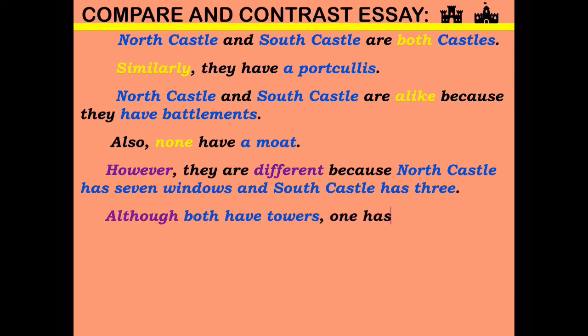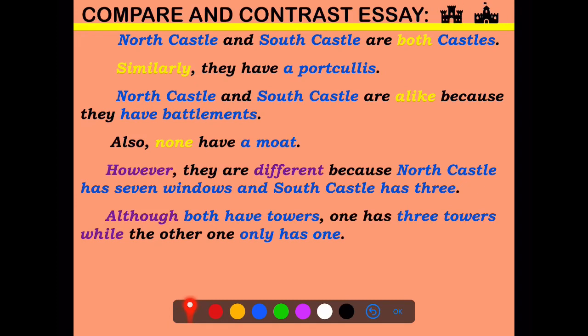Although both have towers, one has 3 towers, while the other one only has 1. Do you remember? We can look at the top of the picture again, and we can see them here, the north and the south castles, and we can see that North Castle only had 3, whereas the South Castle has 1.